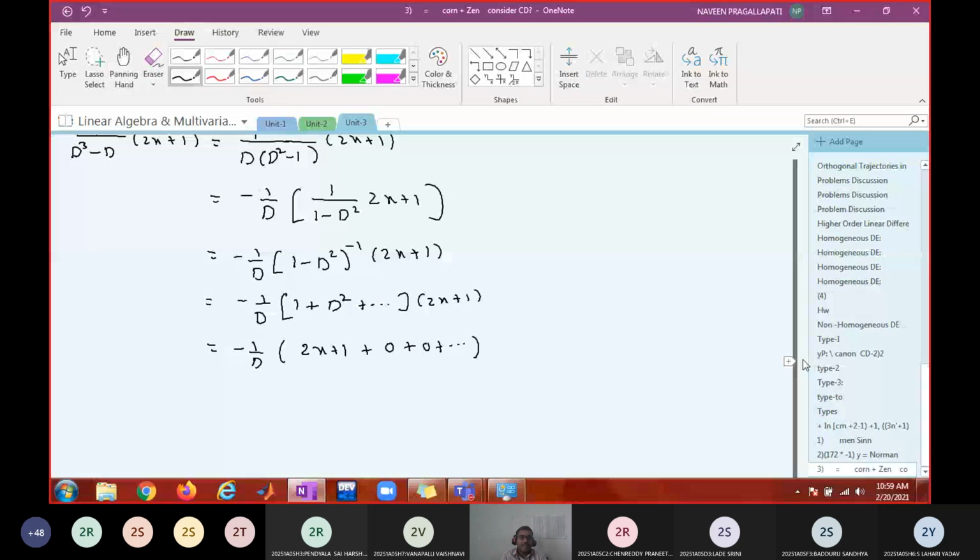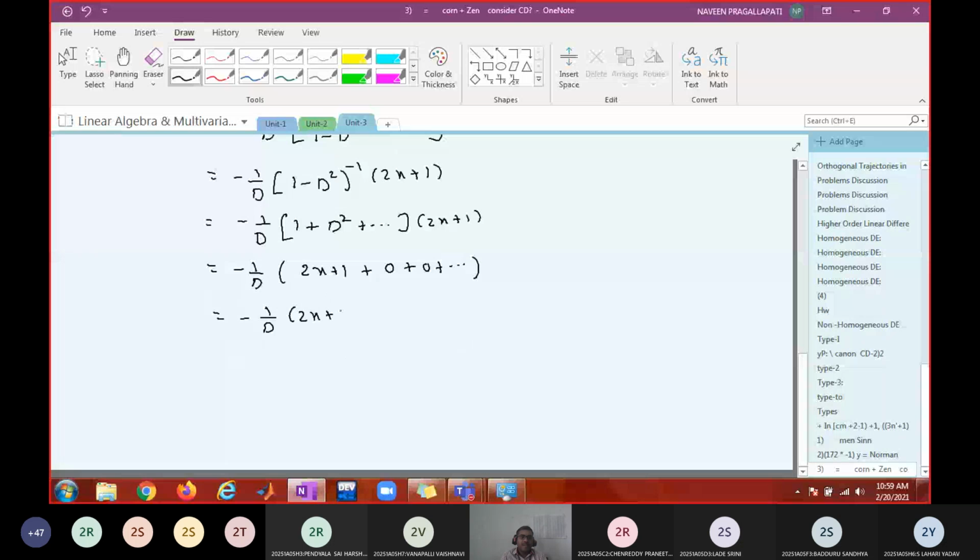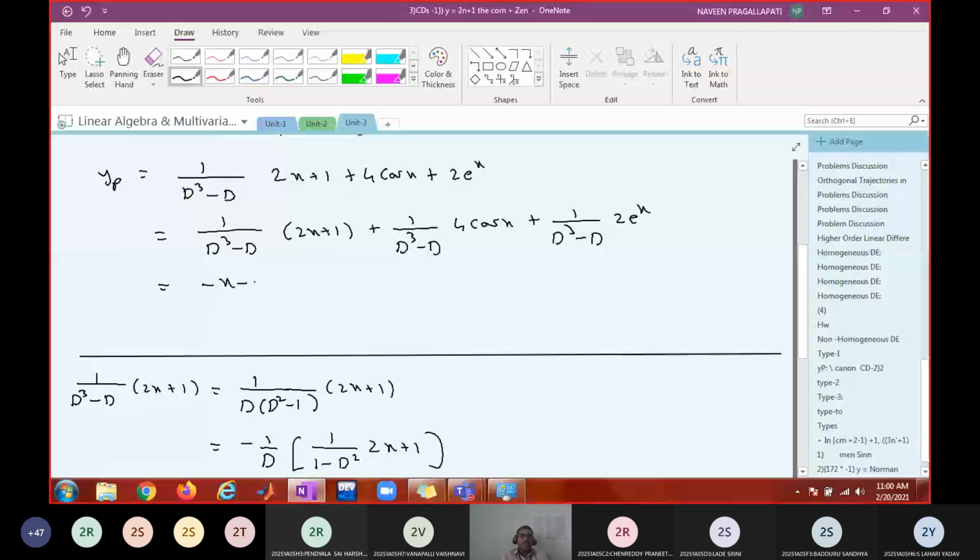So this is minus 1 by D of 2x plus 1. What do you mean by 1 by D? Integral. So the integral of 2x is x square, plus the integral of 1 is x. So this is minus of x square plus x. Is that fine?